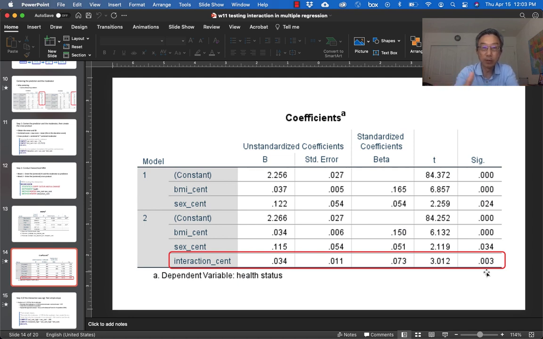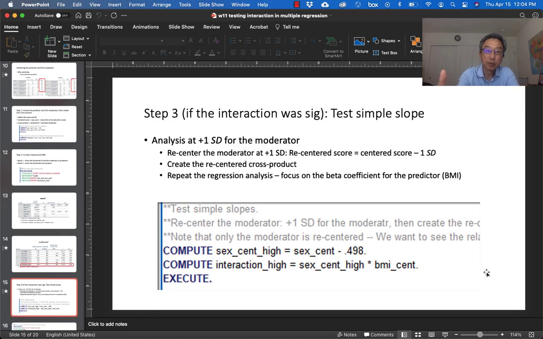So there's a significant moderation, which gives us a license to test simple effects at the different levels of the moderator. Now, even though sex in this case is categorical, we are going to treat it as if it were continuous. So we have to test the simple slope that's associated with the predictor variable BMI at different levels of the moderator.